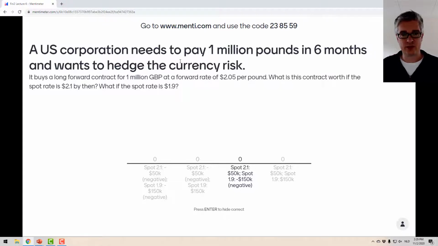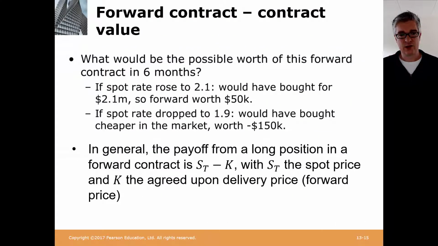If the spot rate goes to 1.9, they're paying more in the forward contract than they would have paid in the market, so they're making a loss. All right. So in general, the payoff from a long position in a forward contract is the spot price minus the forward price, times, of course, the size of the position.